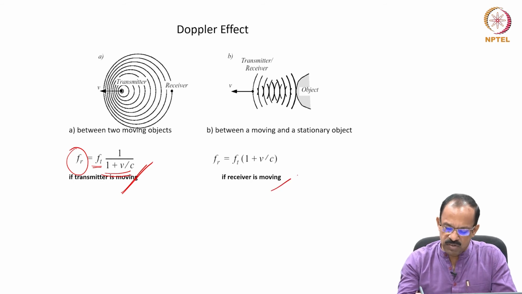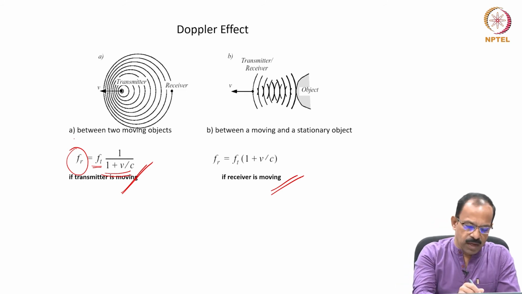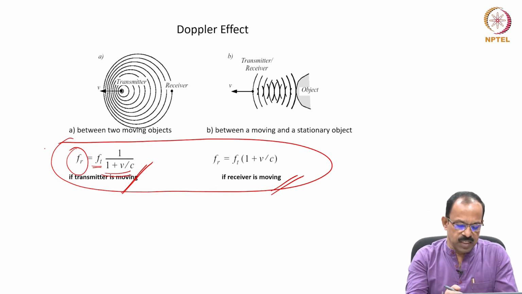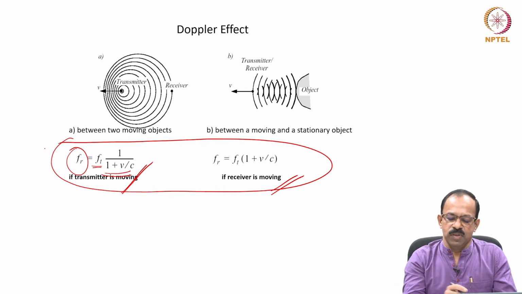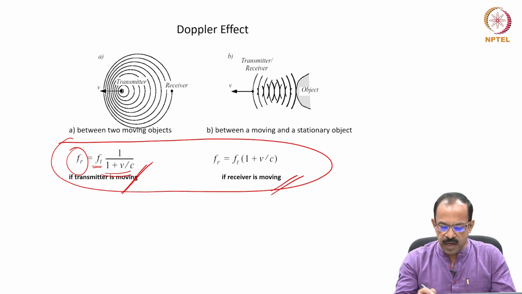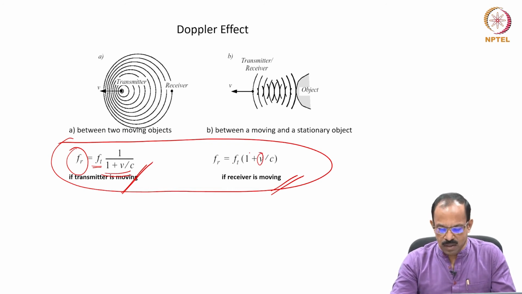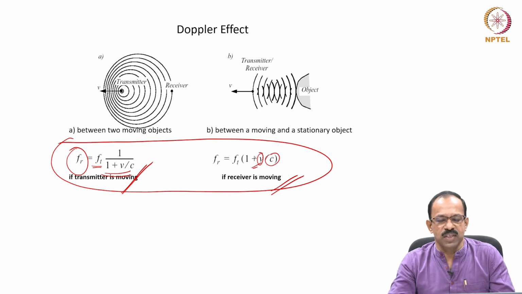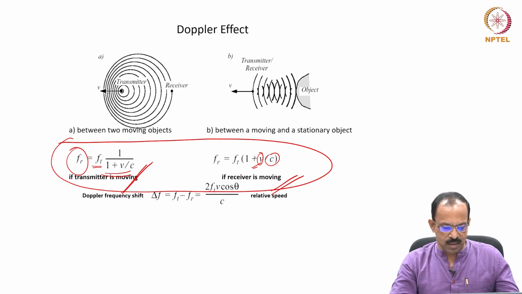If the receiver is moving, you will get Fr is equal to Ft times 1 plus V by C. This is the frequency at the receiver, whether the transmitter or the receiver is moving. In both cases Fr is different from Ft, where V is the relative speed at which the receiver or the transmitter is moving, and C is the speed of the signal in that medium. That is how we can calculate it.